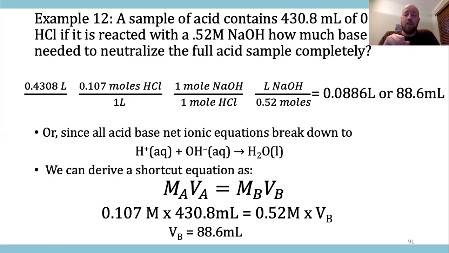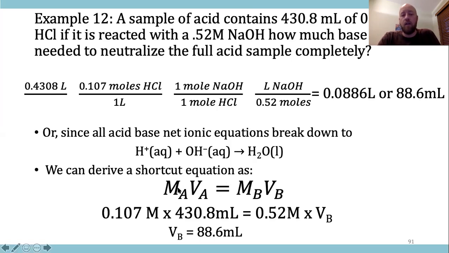Number one, that you identify that you have an acid-base reaction. This only works with acids and bases. Okay. This equation does not work if this is a regular stoichiometry problem. Okay, it only works with acids and bases. Okay, so this is very similar to the dilution equation. M1V1 equals M2V2, MAVA equals MBVB.